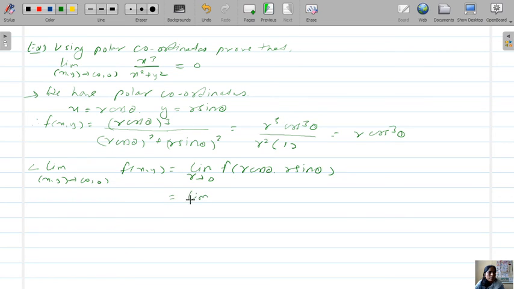So instead you just apply the polar coordinates. Limit r tends to 0, so what is f of r cos theta, r sin theta? It is simply r cos cube theta.